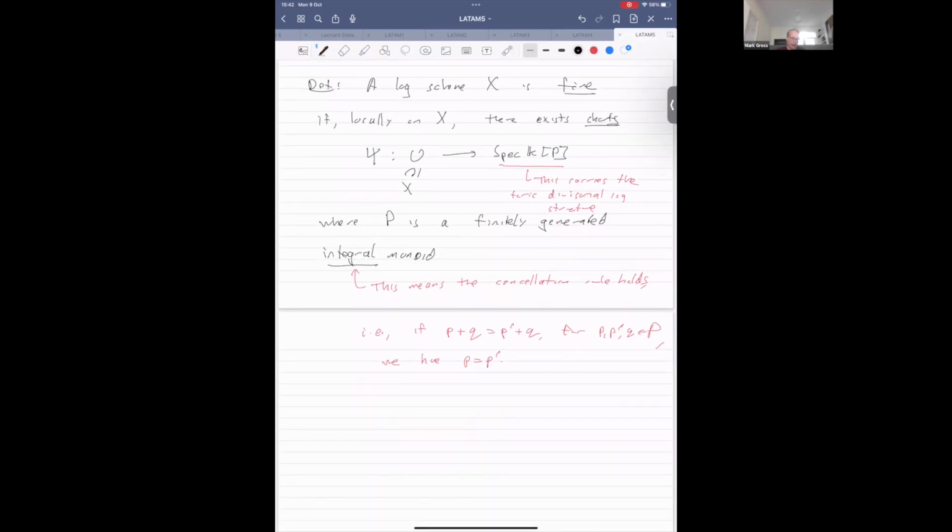The pullback of the toric log structure on Spec K[P] is the log structure on U.